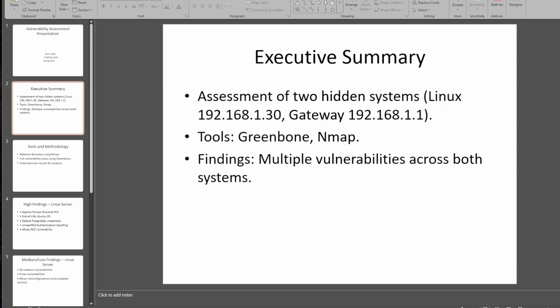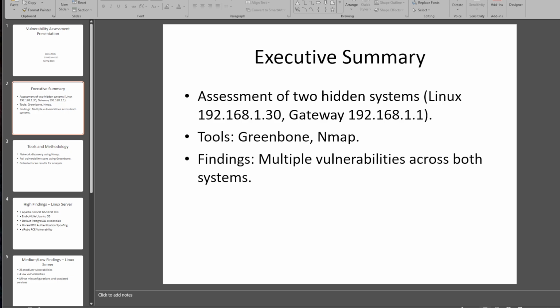So first, we'll go over our executive summary. This vulnerability assessment was performed on two hidden systems: a Linux server at IP address 192.168.1.30 and a gateway device at IP address 192.168.1.1.